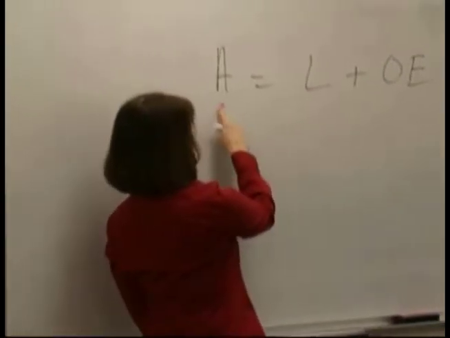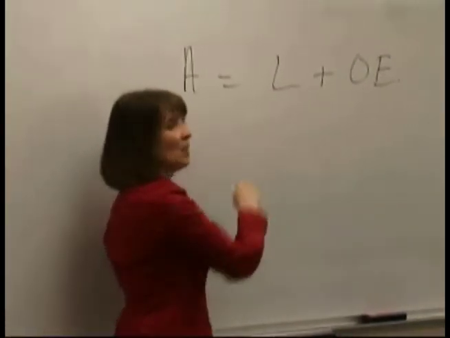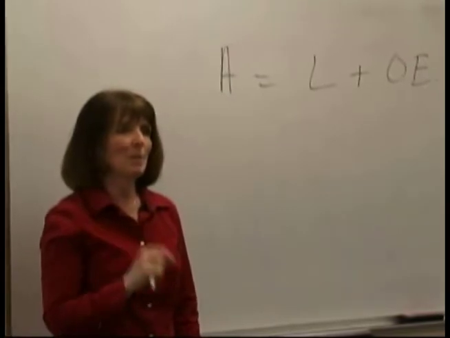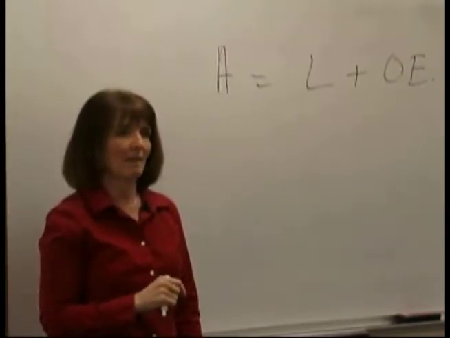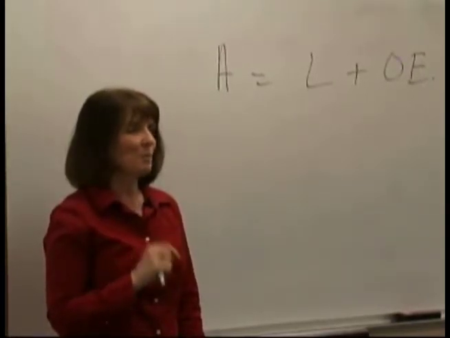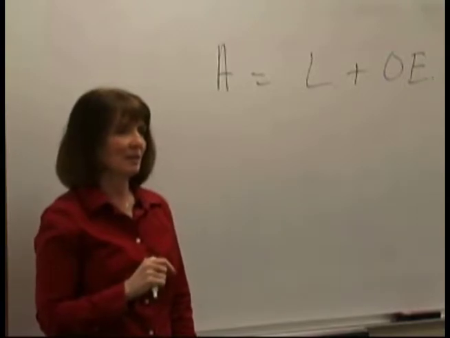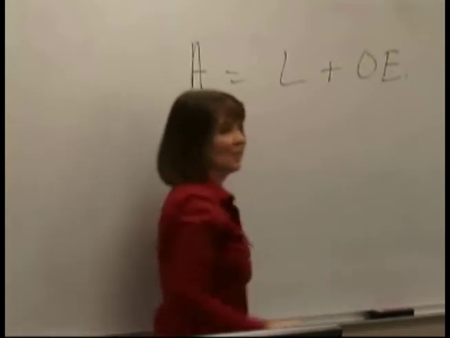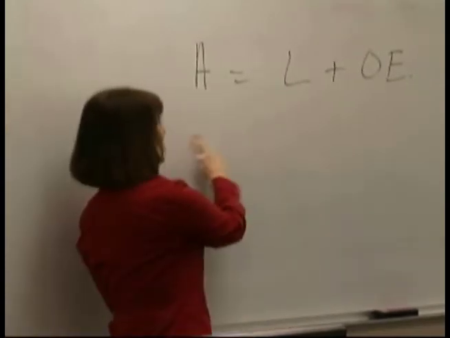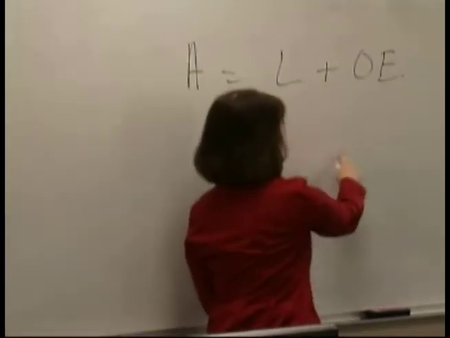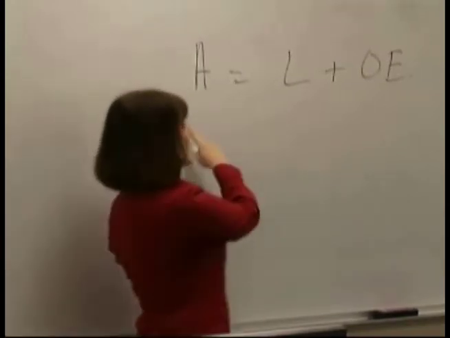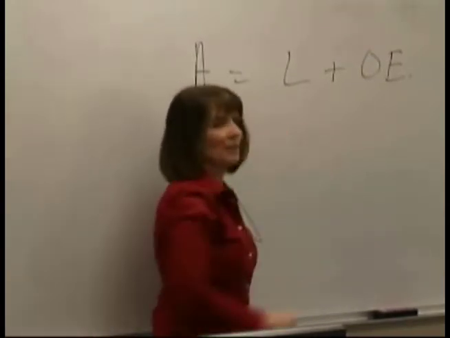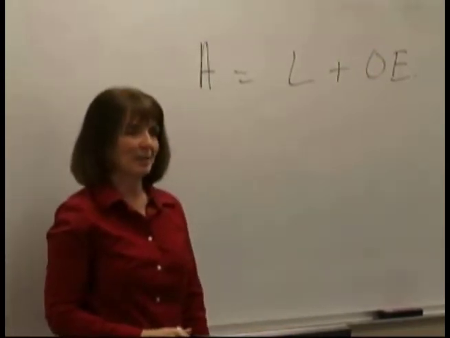First thing we're just going to talk about is this equation must always remain in balance. If you're increasing this side, this side has to increase. If you're decreasing this side, this side has to decrease. Assets always equal liabilities plus owner's equity.